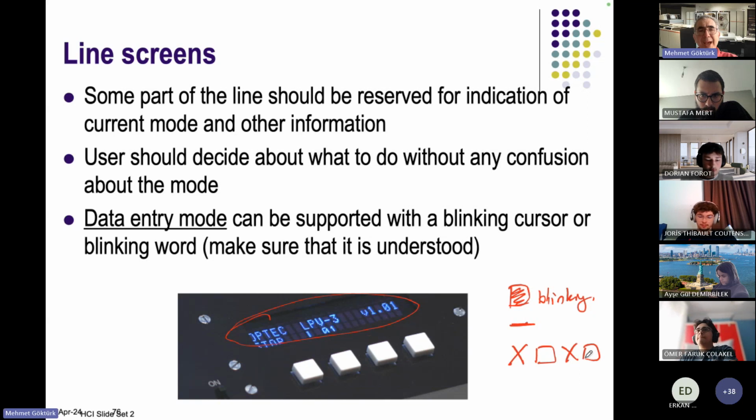So some kind of animation in the cursors or in the corner of the screen can say something about the mode, like setup mode, error mode, emergency mode, regular mode, power save mode, energy saving mode.